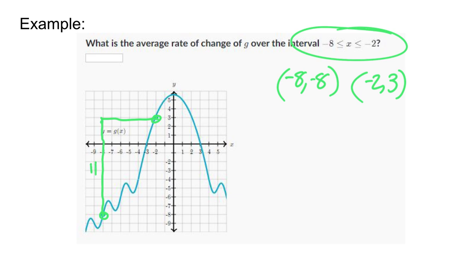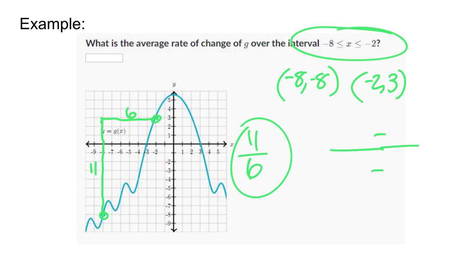So up 11. And then I would run 1, 2, 3, 4, 5, 6. So my slope for this would be 11 over 6, or my average rate of change would be 11 over 6.